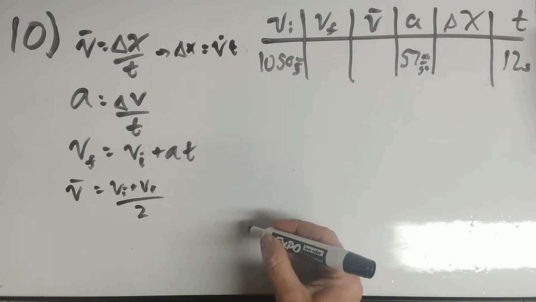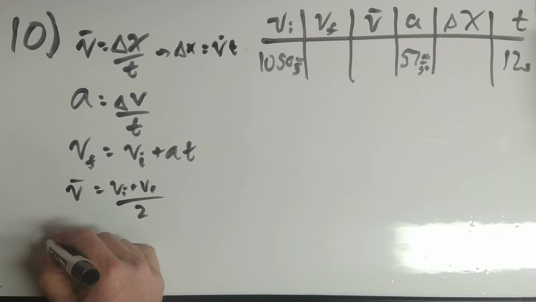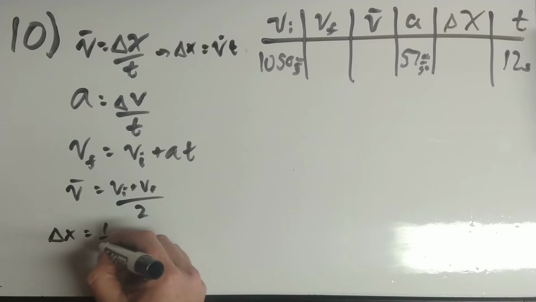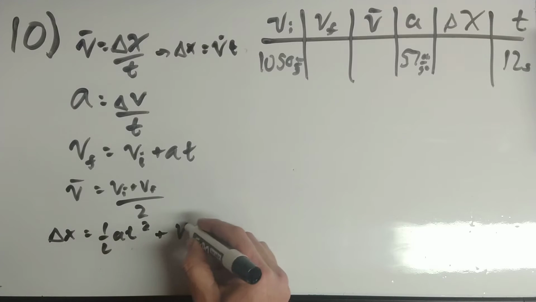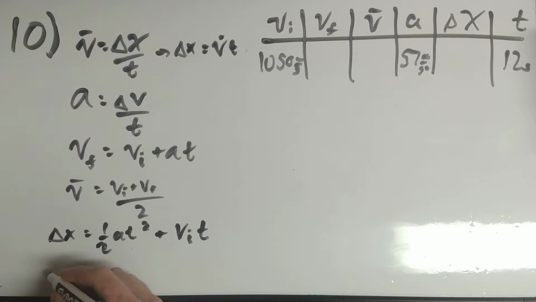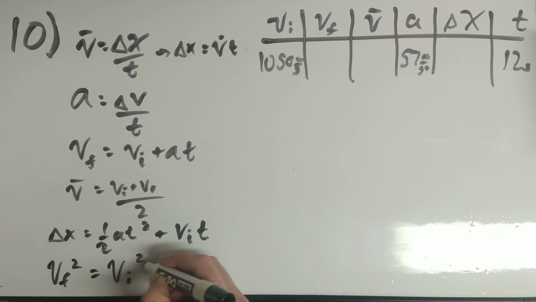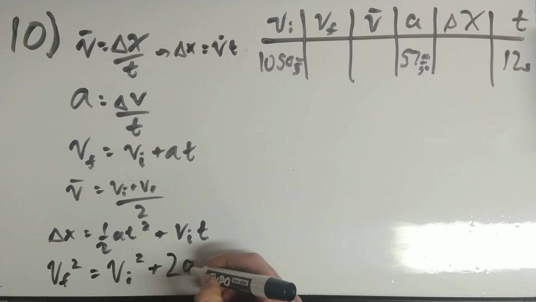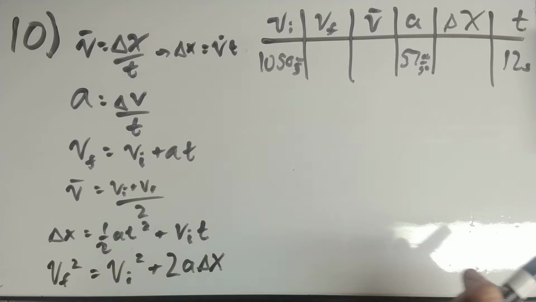And then we have the two new ones that I derived for you in the last video: delta x equals 1/2 AT squared plus V initial t, and V final squared equals V initial squared plus 2A delta x, twice the acceleration times the displacement.